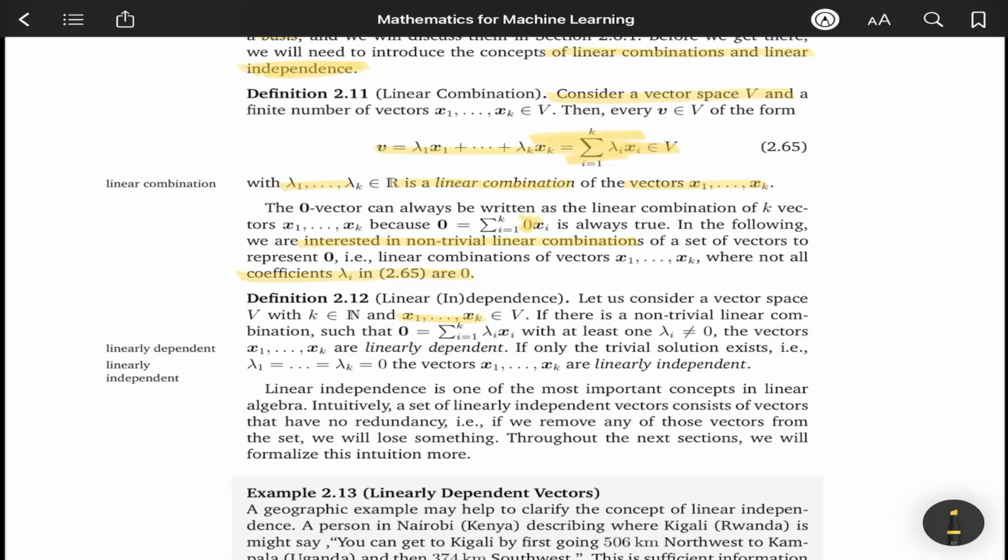If there is a non-trivial linear combination such that the null vector is a linear combination with at least one lambda not 0, the vectors are linearly dependent. If only the trivial solution exists, so only the solution where all the lambdas have to be 0, the vectors are linearly independent.